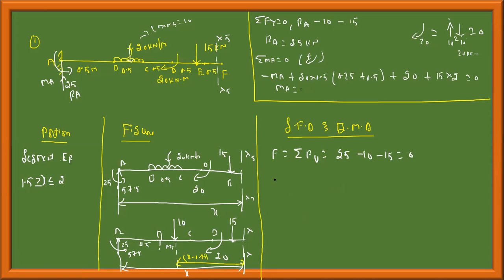Bending moment is equal to the sum of moments about x-x, which is equal to 25 into x.